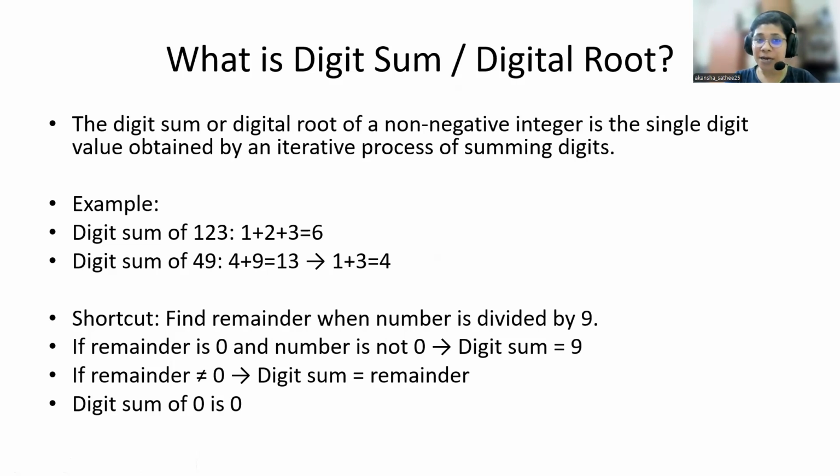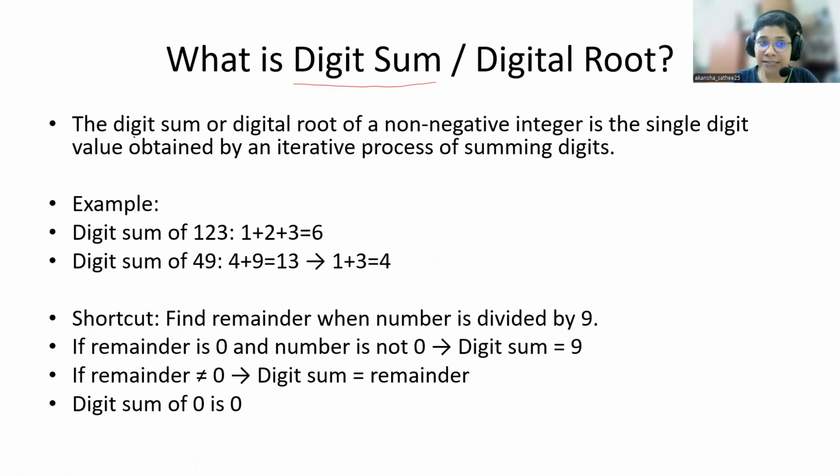So what is meant by digit sum or digit root? As the name suggests, digit sum. When you see digit sum, what comes into your mind? Given a number, what is meant by digit sum? Can you guess, like a plain guess? Yes, I think you all must have guessed it correctly.